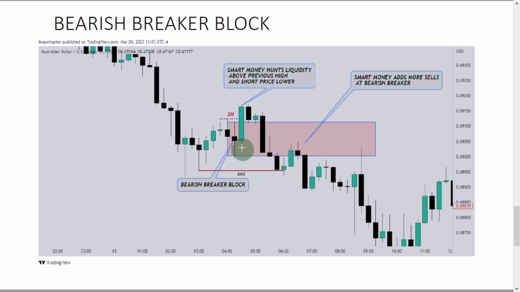Now your bearish breaker is the last bearish candle that sponsored price up to take liquidity. Now, when the liquidity has been taken and we break market structure, the last bearish candle prior to the stop hunt is your bearish breaker. You box it out, 50% is ideal for entry. Smart money returns into it and sells off. They return into it one more time and sell off.